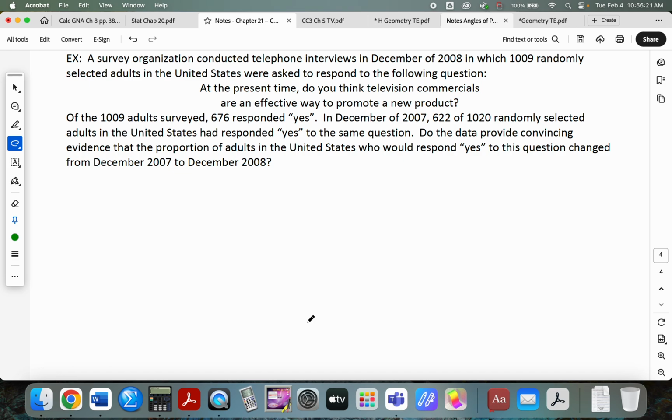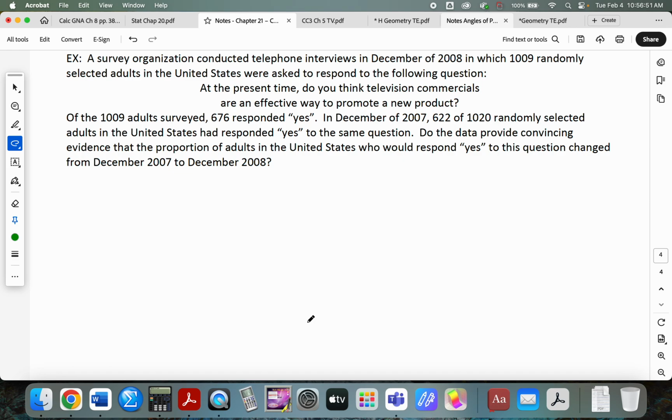In December of 2007, so a year earlier, 622 out of 1,020 randomly selected adults in the United States had responded yes to the same question. Do the data provide convincing evidence that the proportion of adults in the United States who would respond yes to this question changed from December 2007 to December 2008? So we're just asking, is it any different?